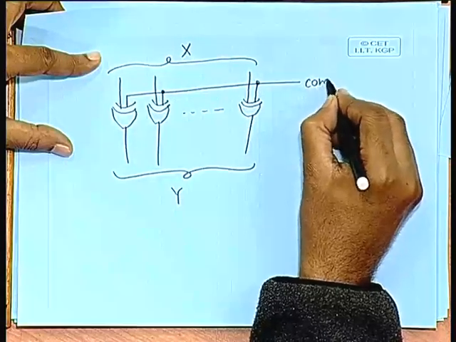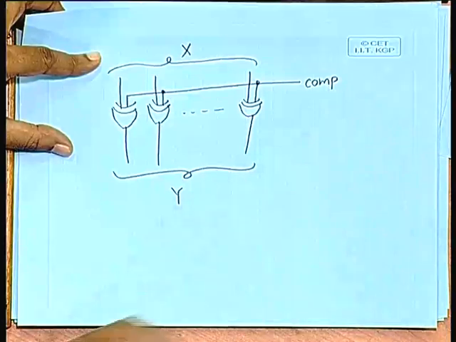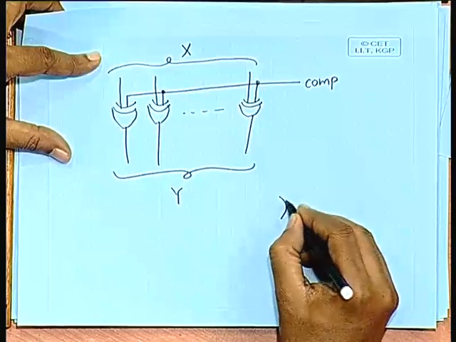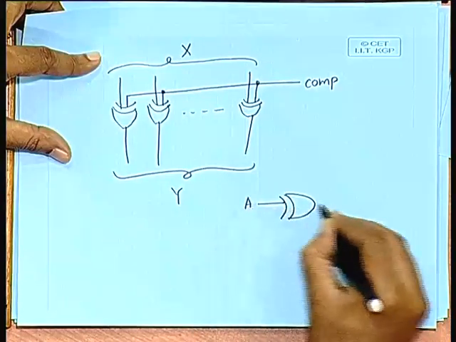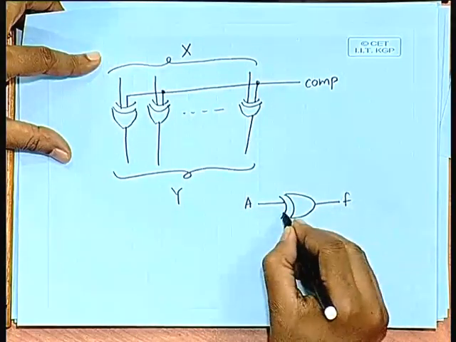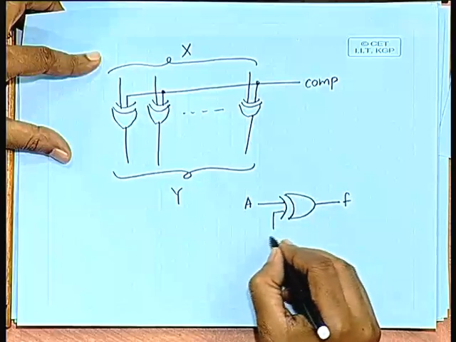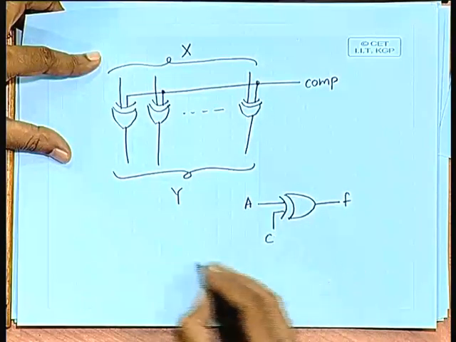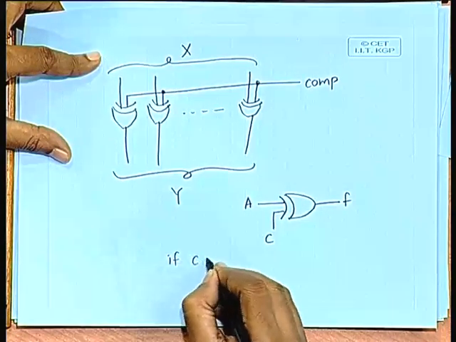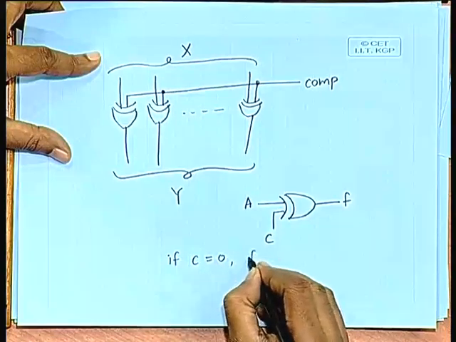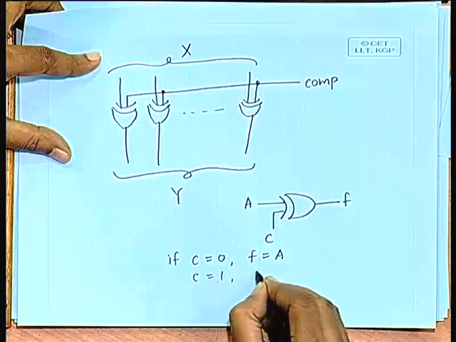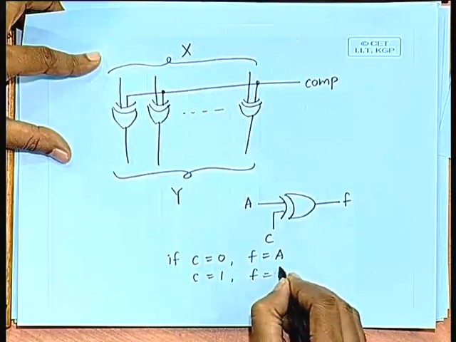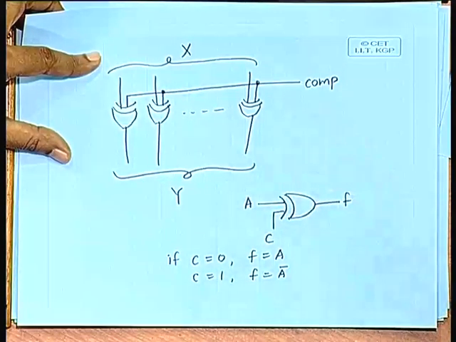This is comp. So, you know that in an XOR gate, if one input is A, the output is F, and the other input is say C, then if C is 0, F equals A, and if C is 1, F equals A bar. So, we are following that same principle here.